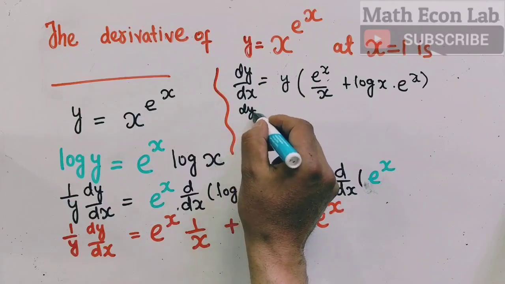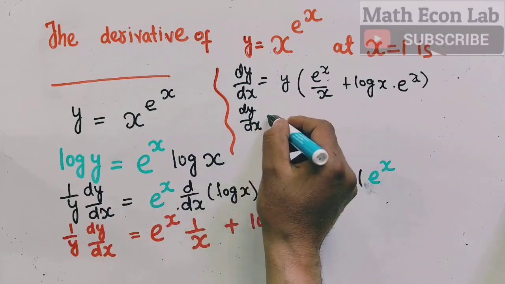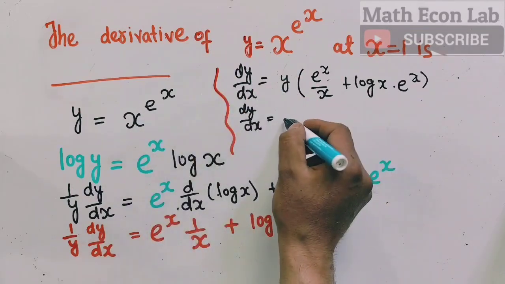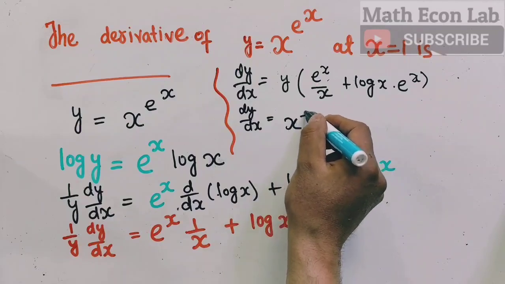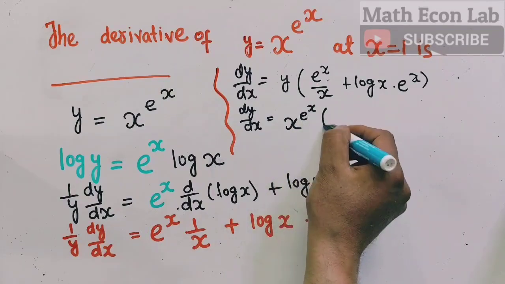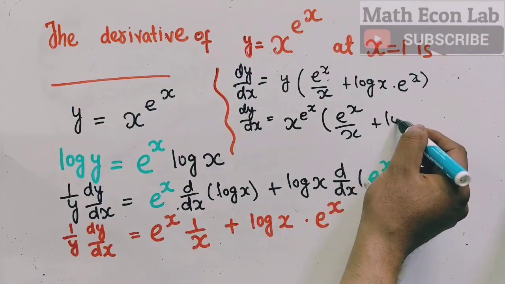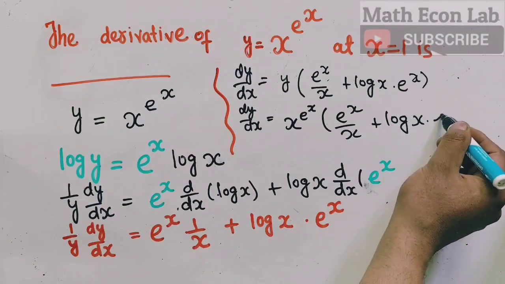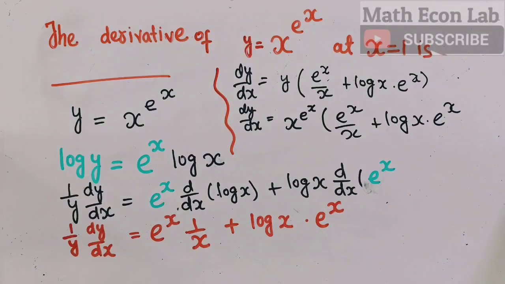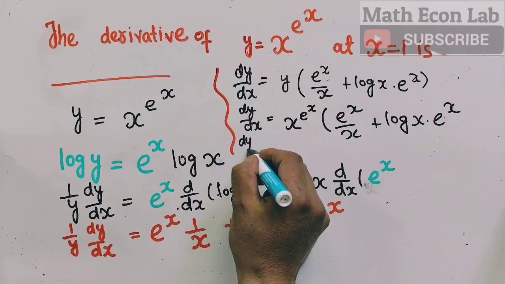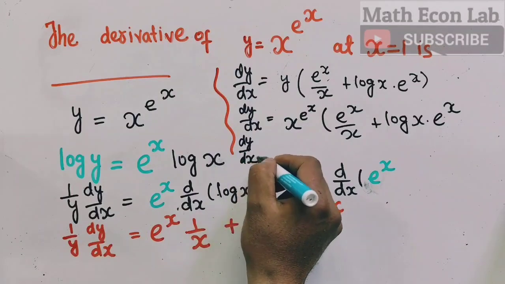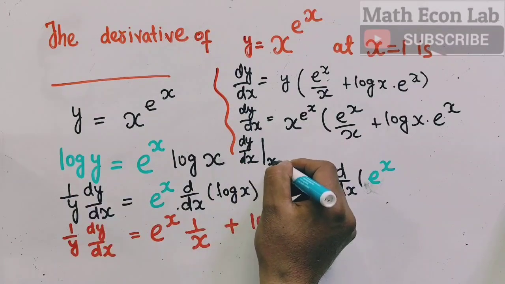Or dy upon dx is equal to, y is the given function x raised to the power e raised to the power x, then we have e raised to the power x upon x plus log of x times e raised to the power x. Okay, but we need to find the derivative dy upon dx when x is equal to 1.